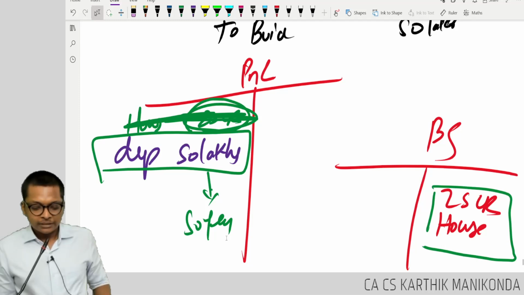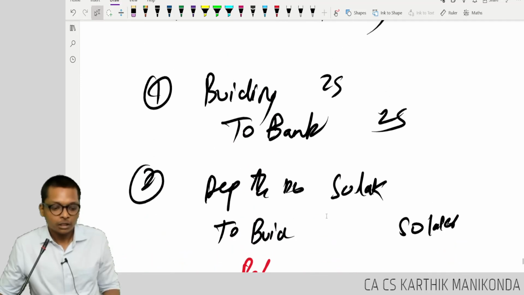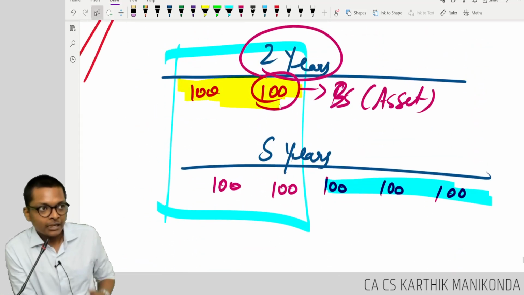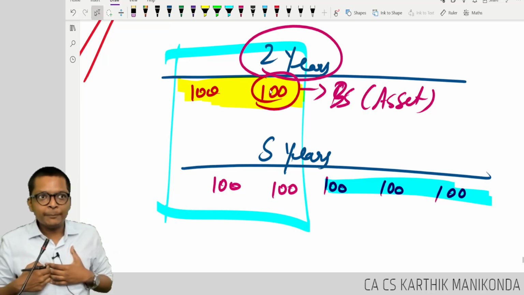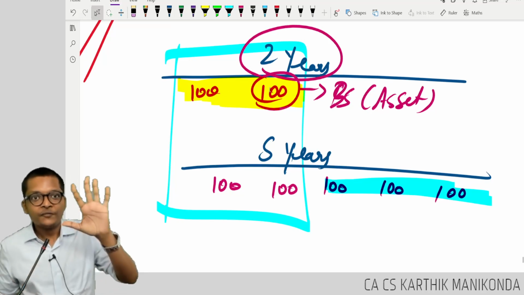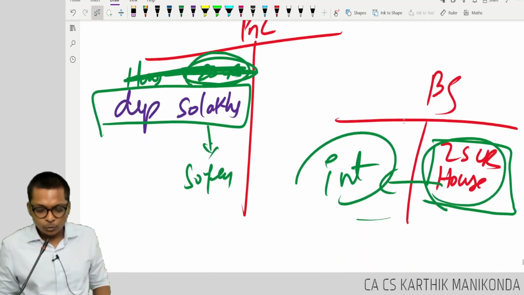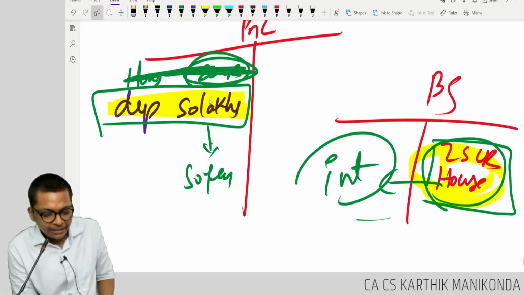Now, this 25 crores house includes what? Interest. Now, the interest I am incurring over these 2 years for construction of the house, I am getting benefit for the next 50 years. That's why I am adding it in the cost of the asset, and this 25 crores includes my cost of interest, which will be included in depreciation.